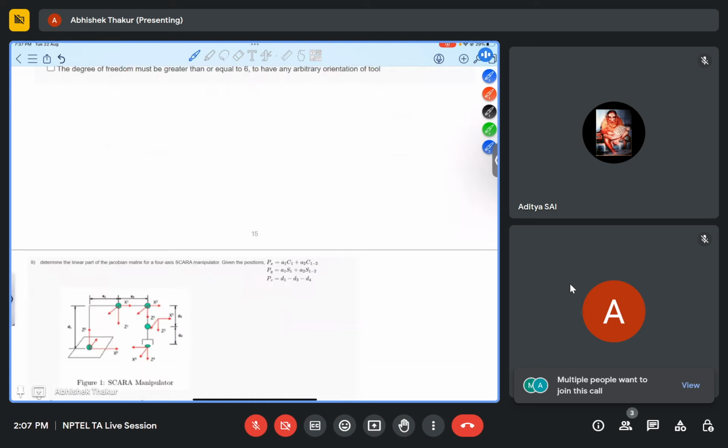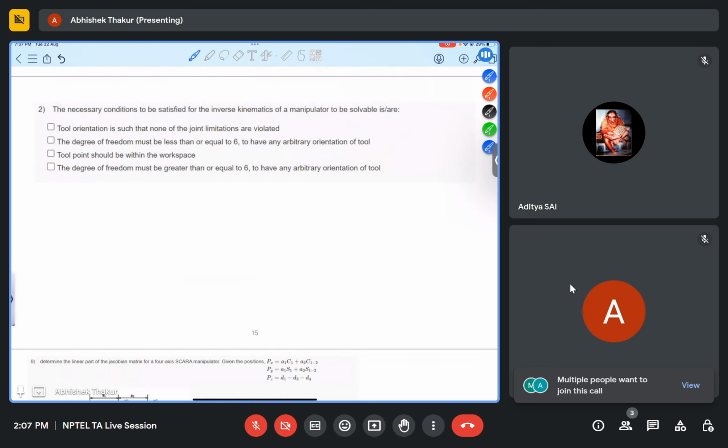So now we will do some similar kind of question again. The necessary conditions to be satisfied for the inverse kinematics of a manipulator to be solved are: the tool orientation is such that none of the joint limitations are violated.